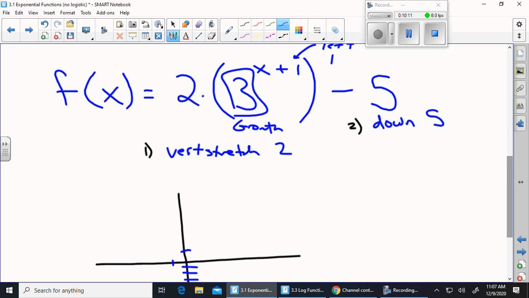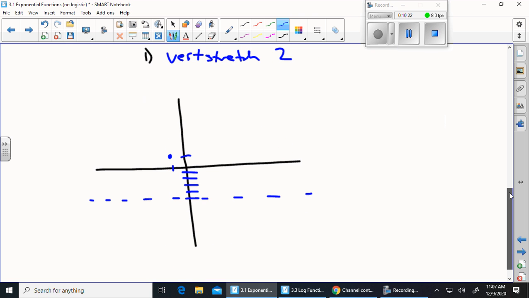That's actually moving right 1. I'm sorry, left 1. You could find some points if you had to. You could find the y-intercept. You can't really find the x-intercept yet, but it's growth. It's going up. It's never going to touch -5.